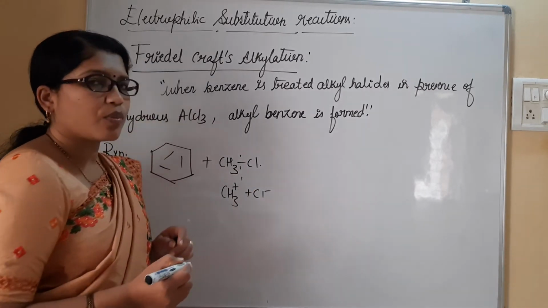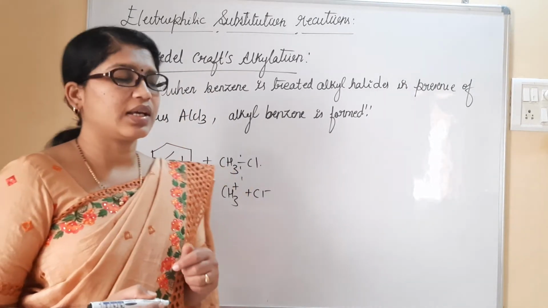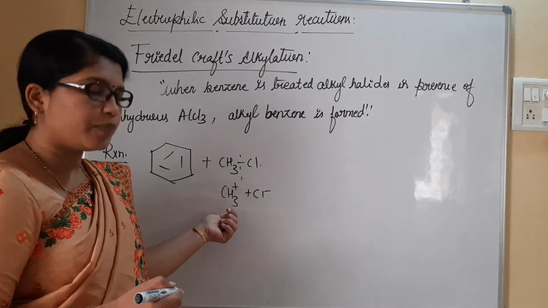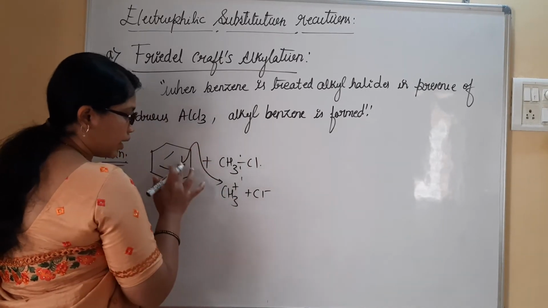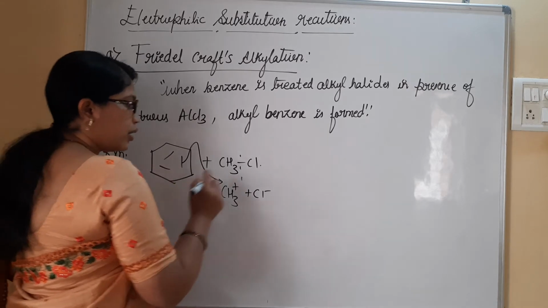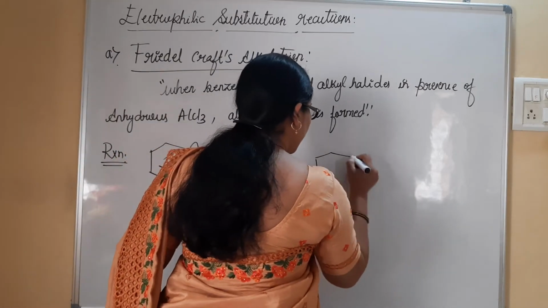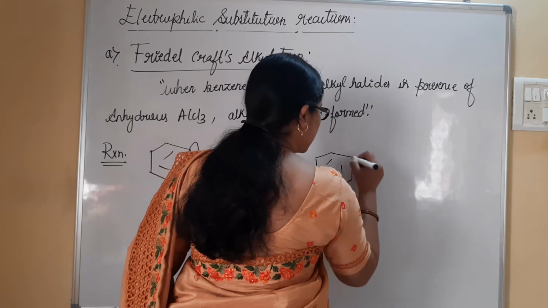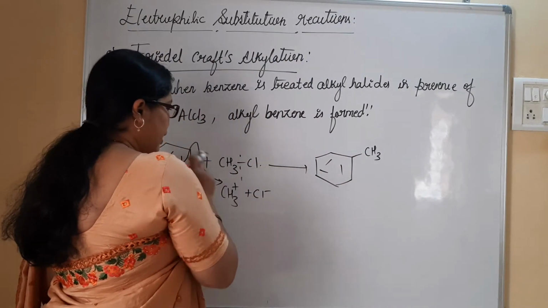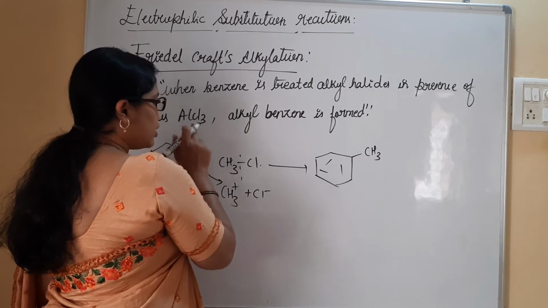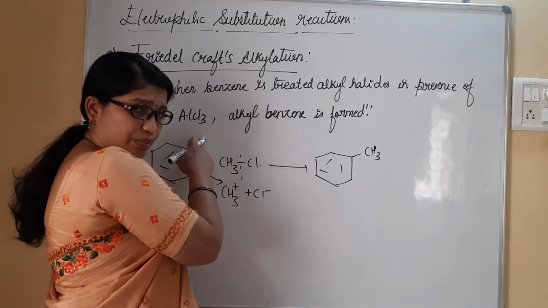CH3 plus, having a positive charge, will act as an electrophile, and this electrophile is attacked by the pi electrons of benzene. Then we obtain the CH3 substitution, and once we add CH3, we have one hydrogen with a plus charge.